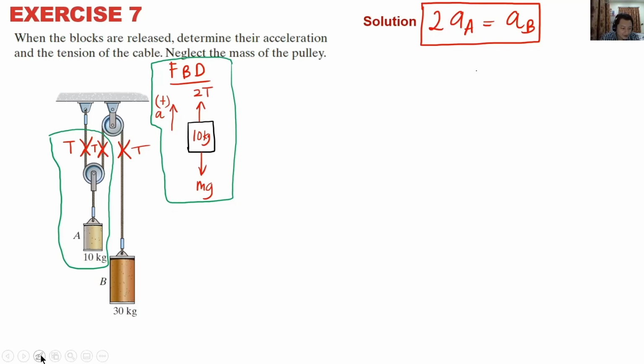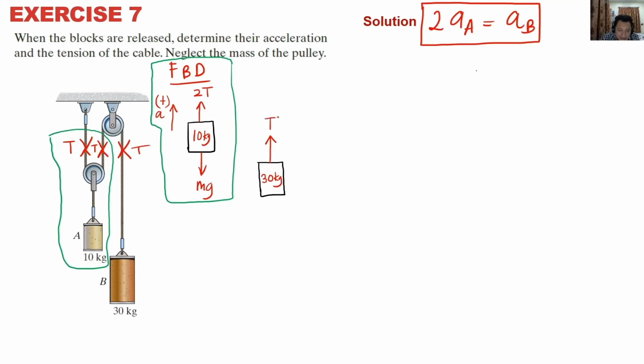Next, we draw free body diagram for block B. So block B is over here. It is heavier. Berapa heavy? 30 kilo. Now, draw the cables.